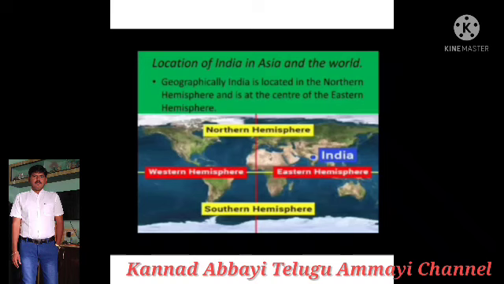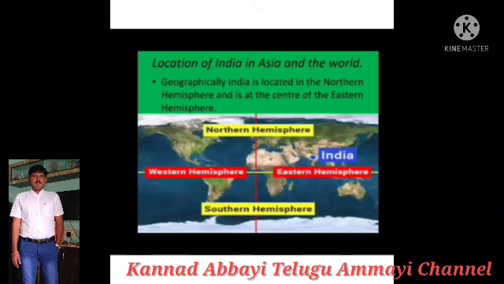The location of India in Asia and the world. Geographically, India is located in the northern hemisphere and is at the center of the eastern hemisphere. Children, here in the world map you can see the exact location of India.